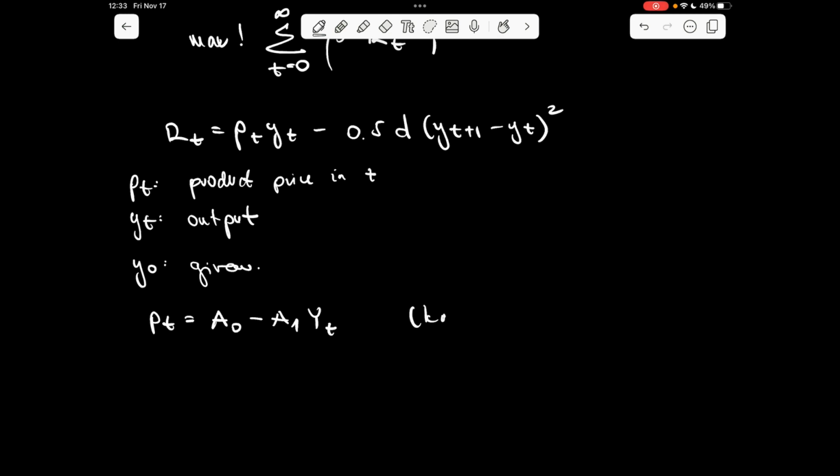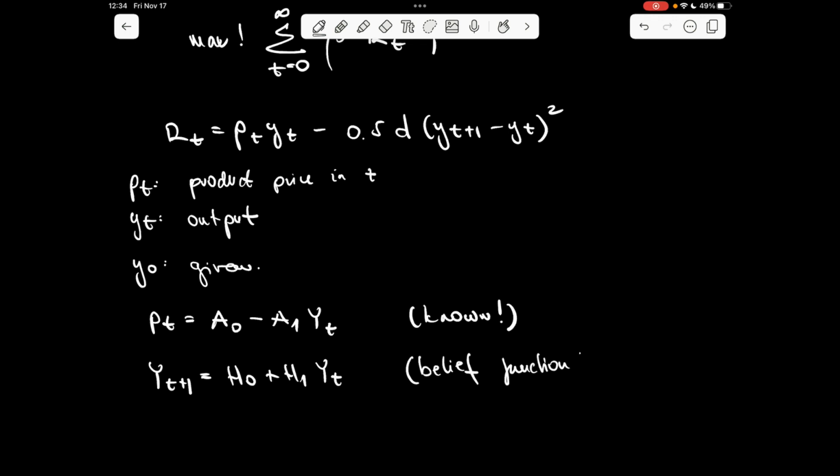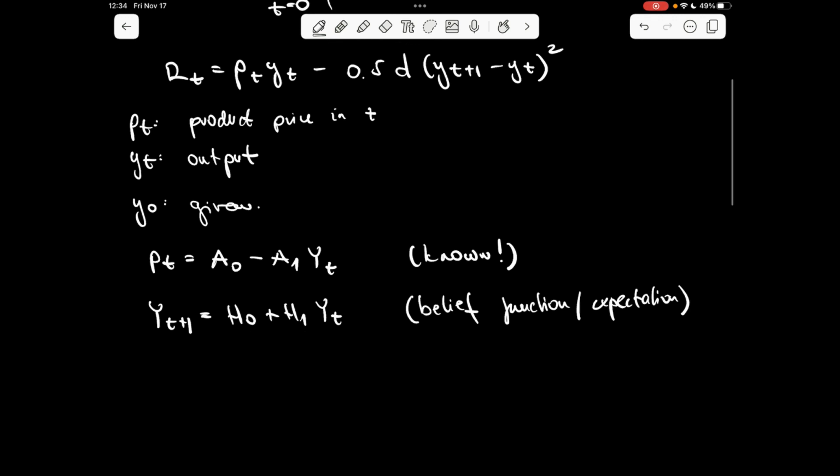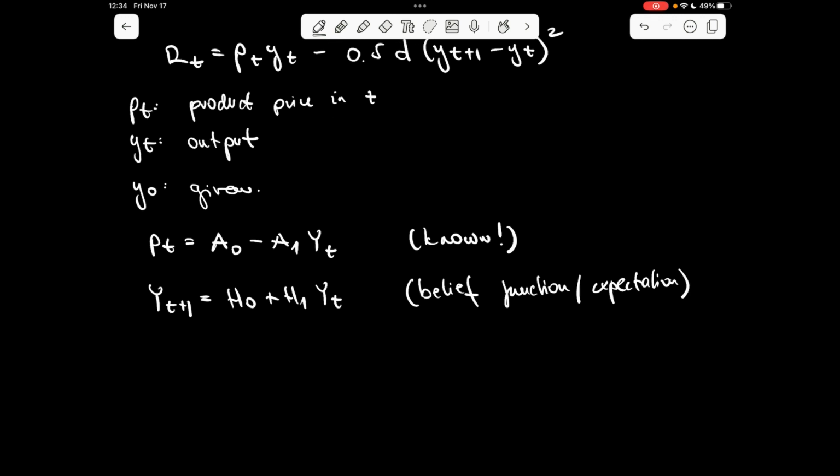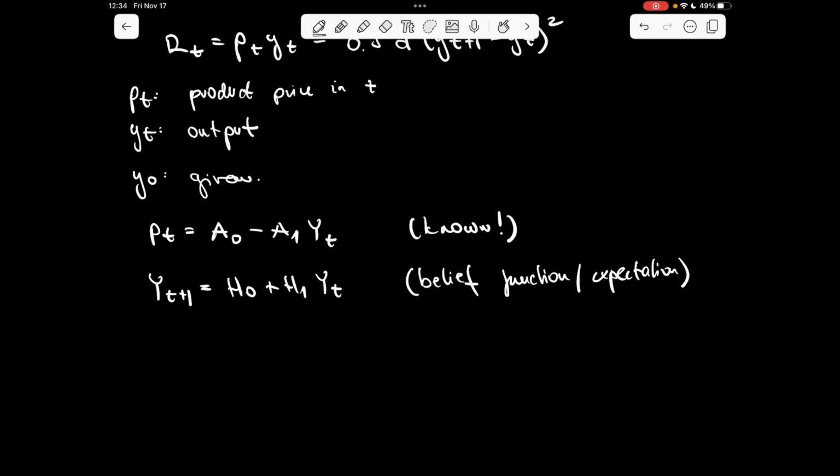This is known. And the firm thinks that the dynamics of the output, GDP, whatever, is governed by this first order difference equation. This is a belief function, or expectation. So there is something the firm knows, and there is something that the firm believes.